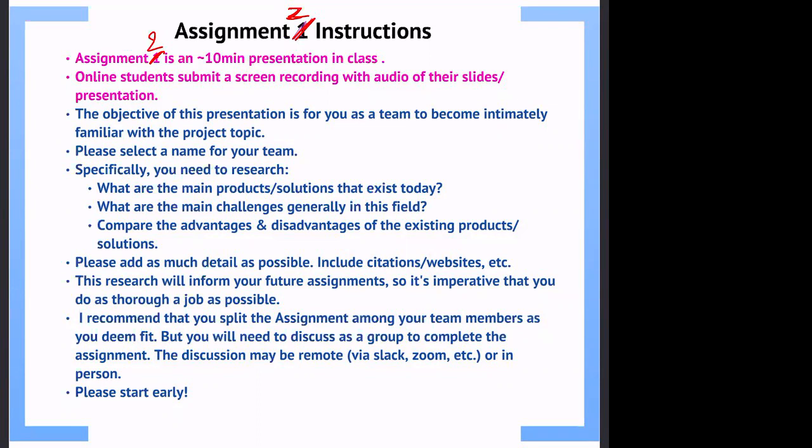Okay, what's the objective? What are we trying to do? First, we want to become familiar with our project topic. This is the main goal. What does that mean? That means we want to understand what people have already done. What are the main products or solutions that exist today?